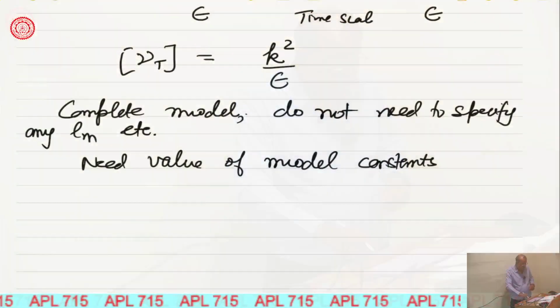So now, first when we try to see, this is a complete model, because we do not need to specify any LM, etc. But we need the value of the model constants. They will be needed.